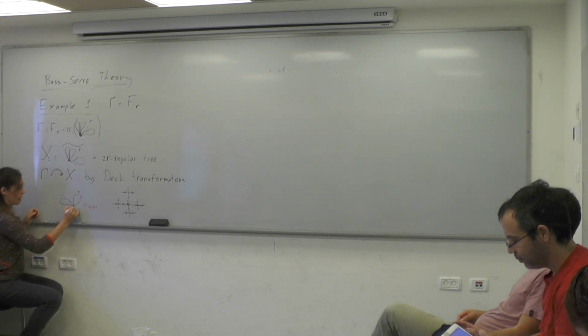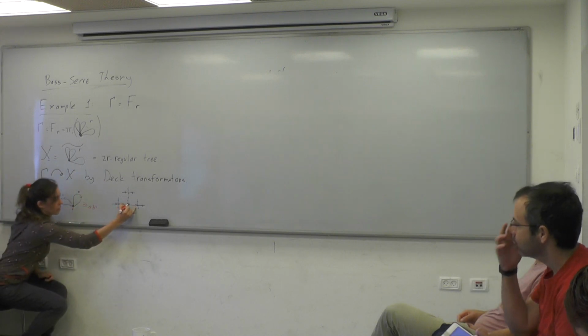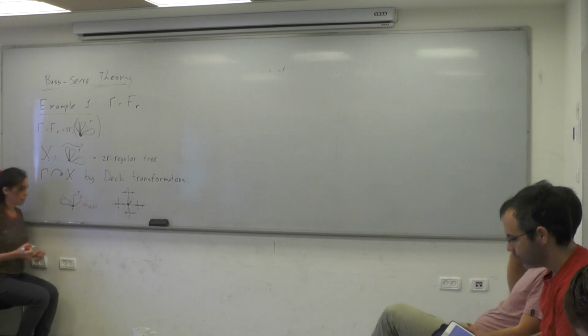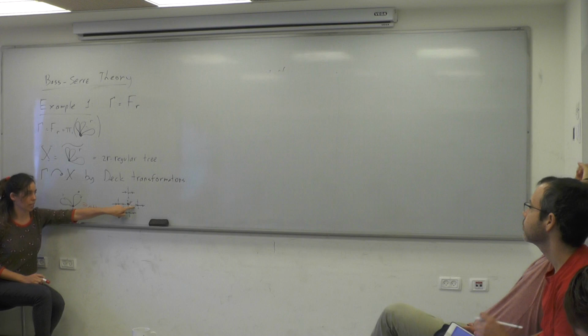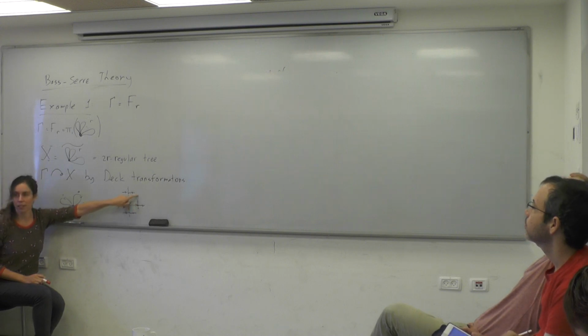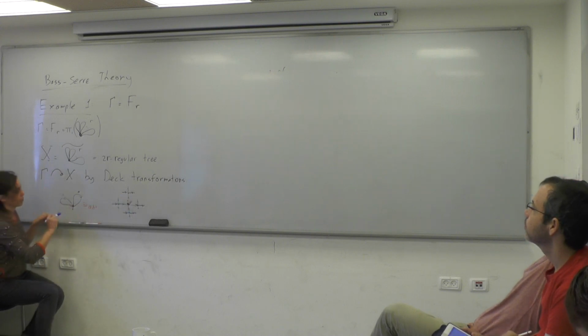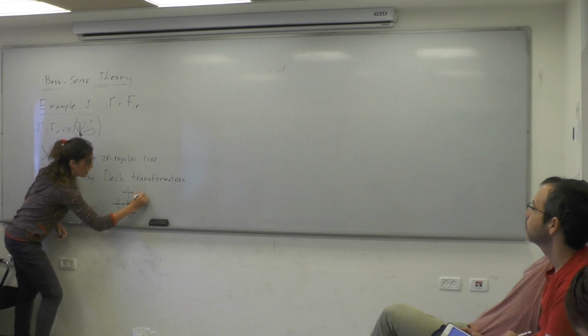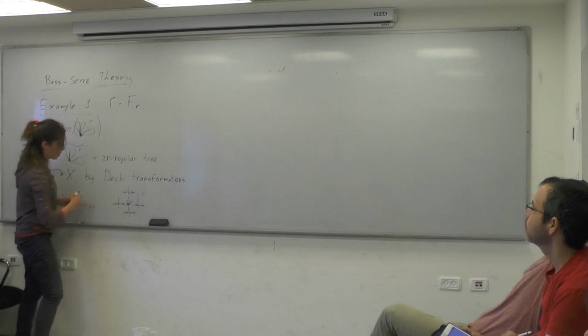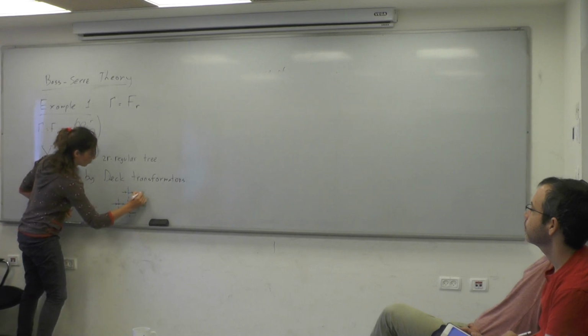I start by lifting v to here, this is v tilde, and then I go along a, this is the edge a, and then I go twice along b. I'm getting here. So this will be the image of v tilde under the word a b squared.